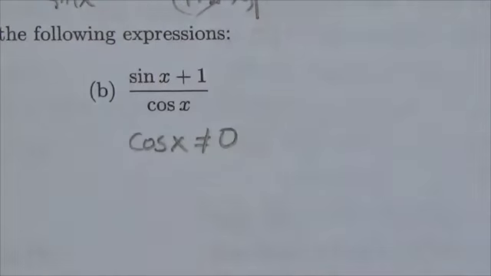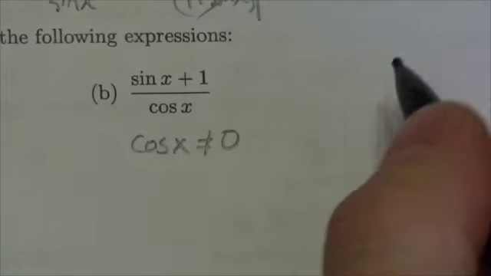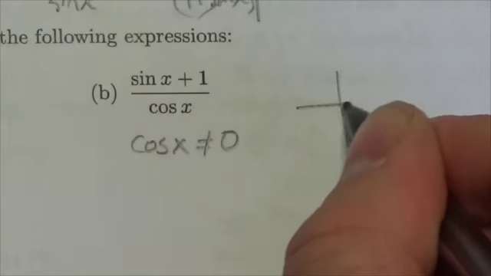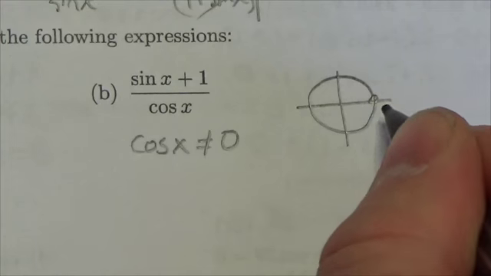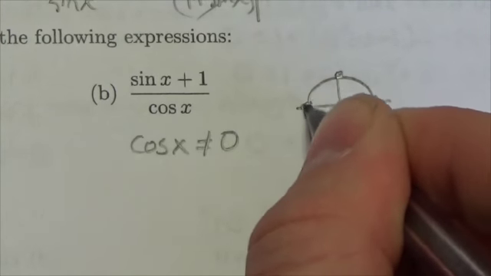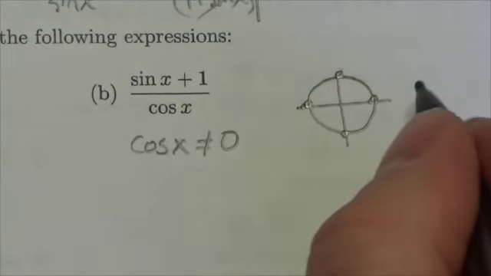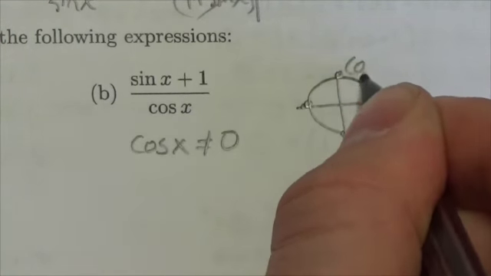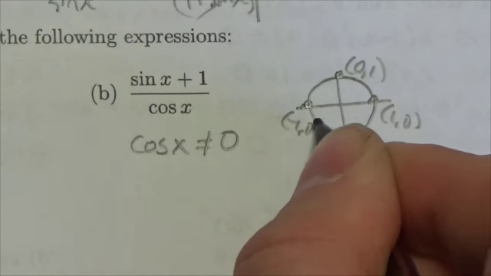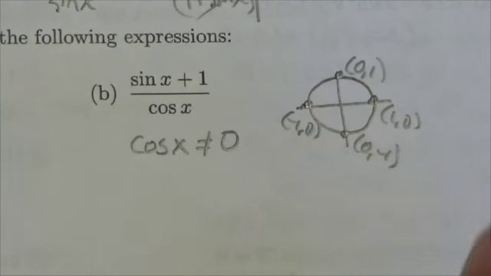Now 0 is one of those neat little ratios that we typically associate with the quadrantal angles. So what we might want to do here is take a quick look at the unit circle, because this will give us the values for cosine that are on those interesting angles. So this is 1, 0, 0, 1, negative 1, 0, 0, negative 1.